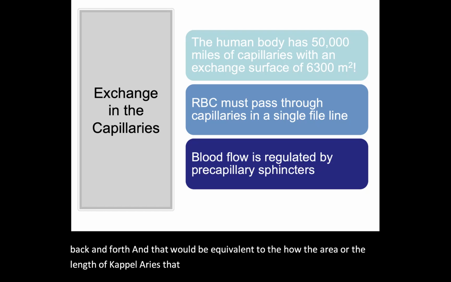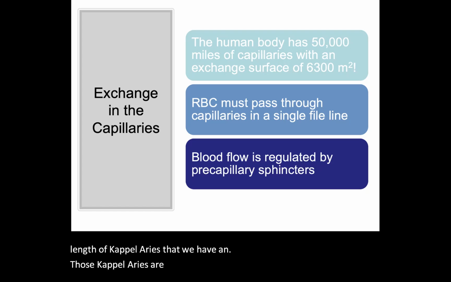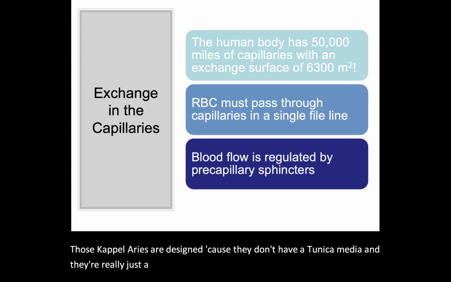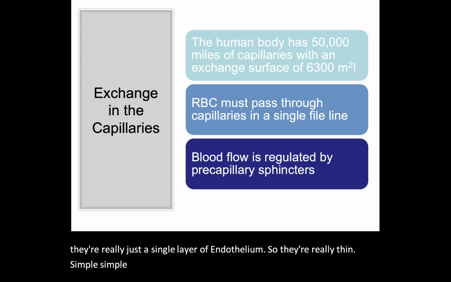And those capillaries are designed because they don't have a tunica media, and they're really just a single layer of endothelium. So they're really, really thin. Simple epithelia, think of it that way. And the reason for that is to allow for diffusion of key nutrients.